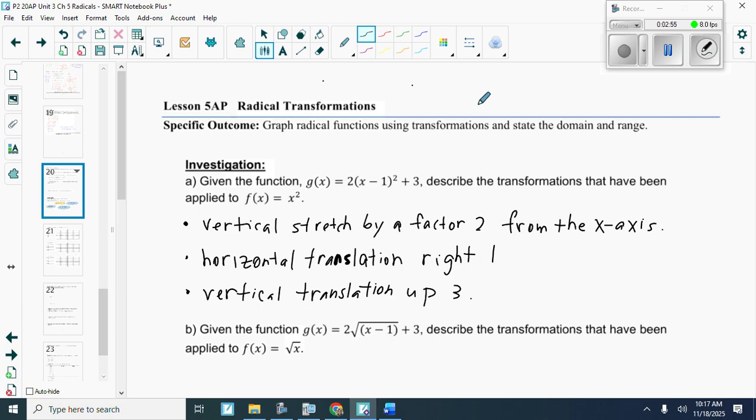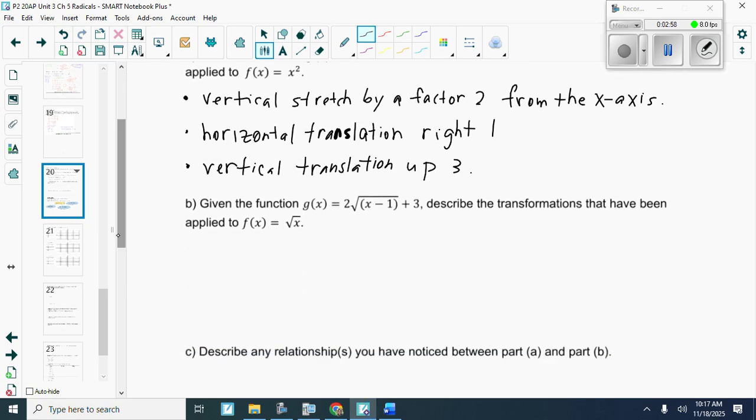Now, given this new function, g at x, the only thing that we've changed is instead of a quadratic, instead of an x squared, we're going to start with a radical. The exact same transformations that happen for the quadratics happen for the radicals.